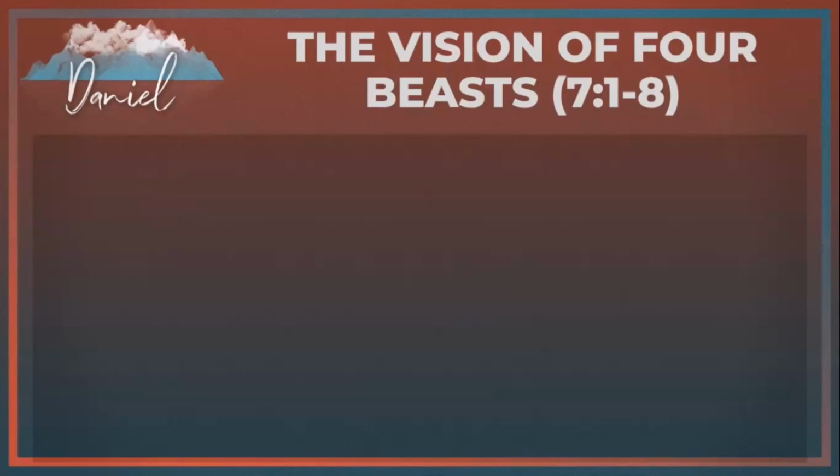It was different from all the beasts that were before it, and it had 10 horns. I was considering the horns, and there was another horn, a little one, coming up among them, before whom 3 of the first horns were plucked out by the roots. And there on this horn were eyes like the eyes of a man, and a mouth speaking pompous words.